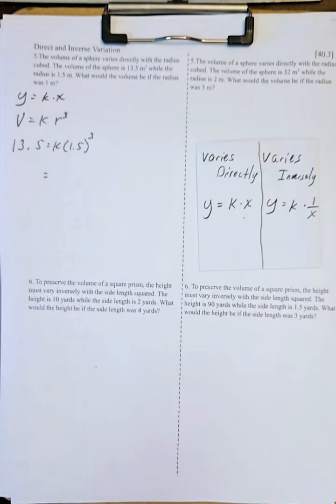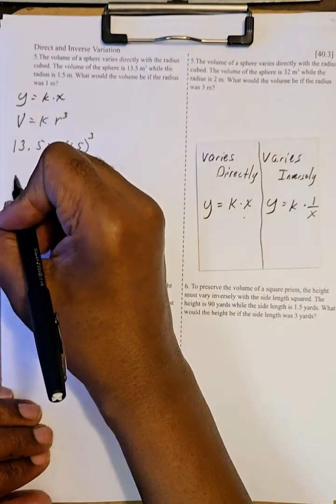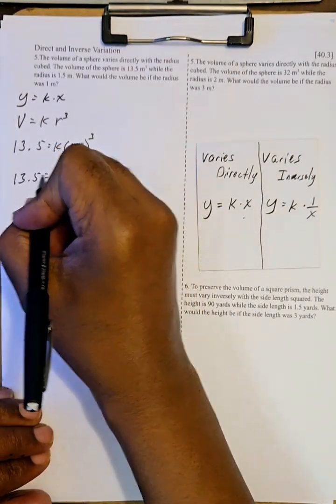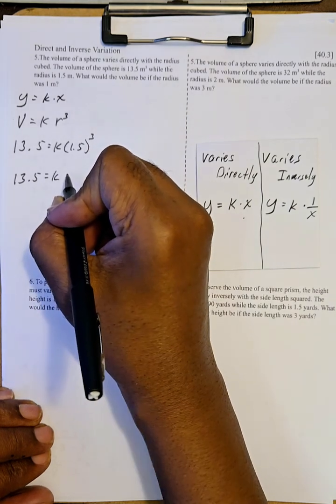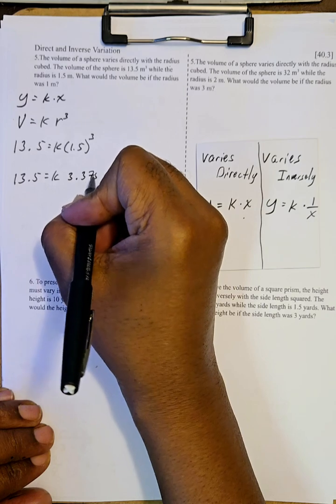Okay, so I need to find out what 1.5 to the third power is. So I'm on my calculator right now, figuring out 1.5 to the third power. And what I'm finding is that we'll get 3.375.